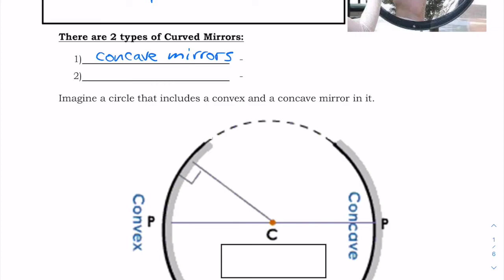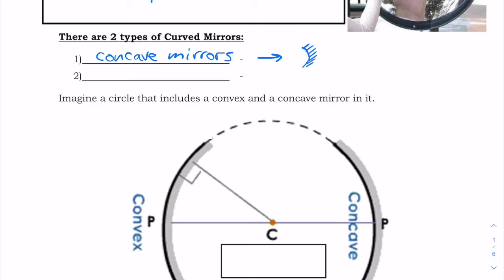If we have incoming light going from the left to the right, from the direction that the light is coming in, concave mirrors bend in or cave in. They look something like this. So the reflective part would be on the front and the opaque part would be on the back.